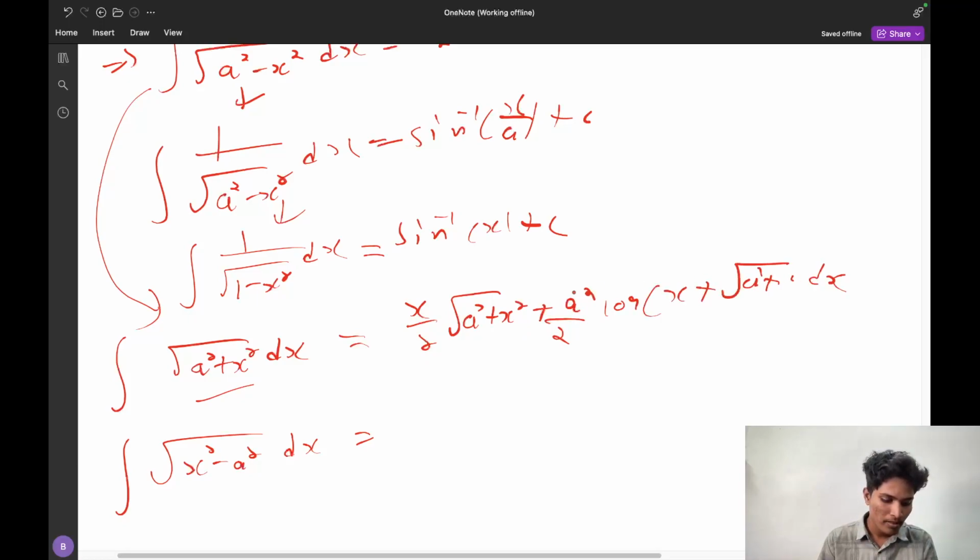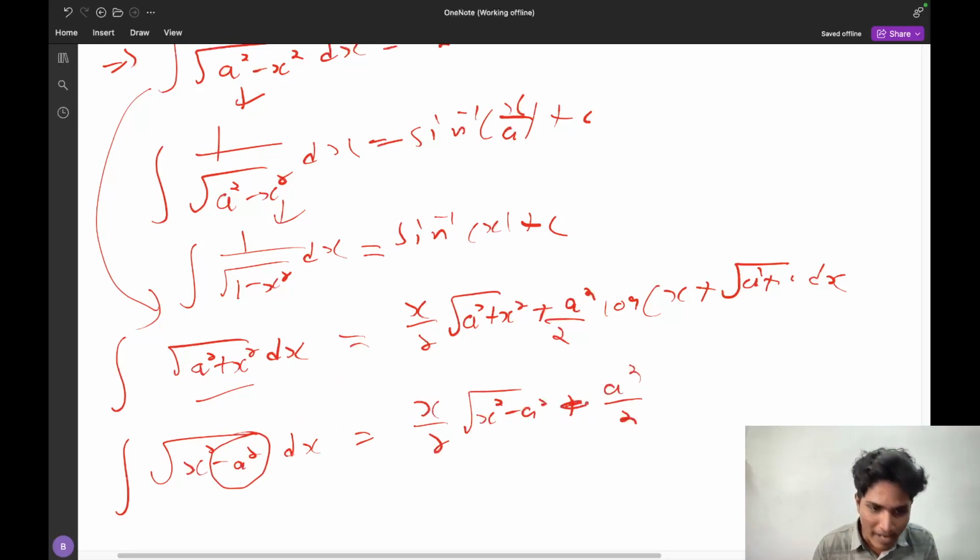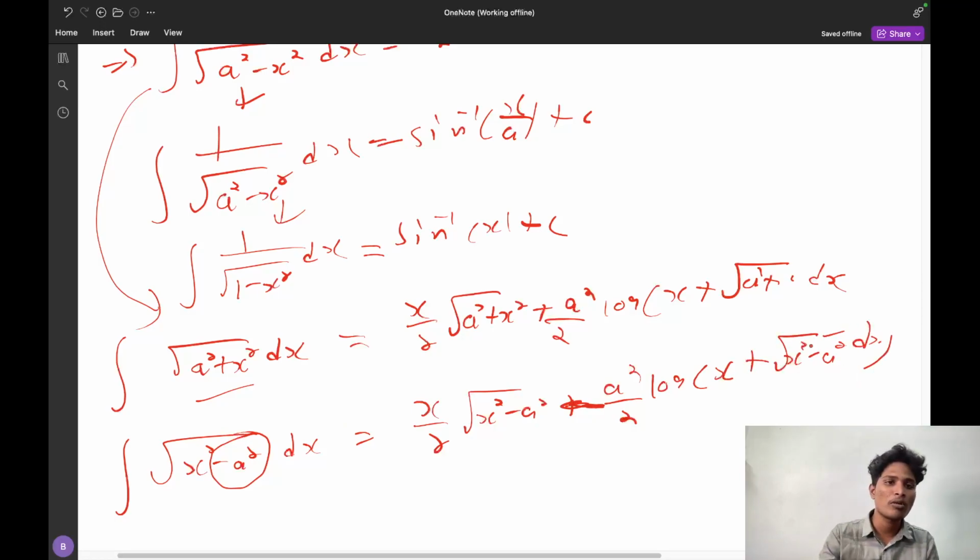And for the other formula, it will be x by 2 root of x square minus a square minus a square by 2 log of x plus root of x square minus a square. Here it is minus a square, so you have to write minus in the middle. So like this you have to remember the formulas.